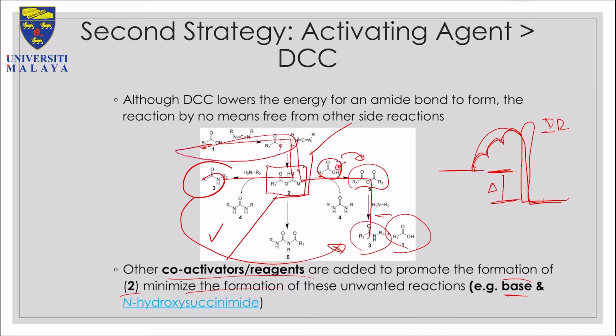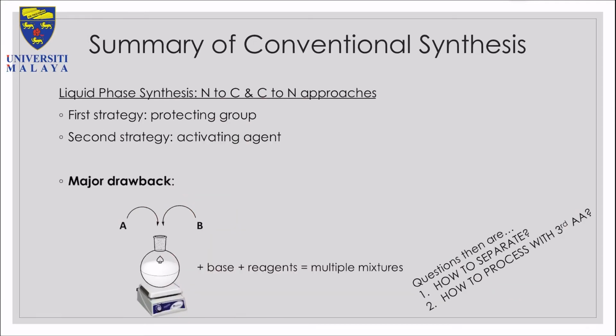You want this to happen to a certain degree, but at a certain degree you don't want a side reaction to happen. So if you manage to deprotonate after it forms this stable species, you can reduce this side reaction from happening. Also, you can use, for example, N-hydroxysuccinimide to help in reducing the side reactions.